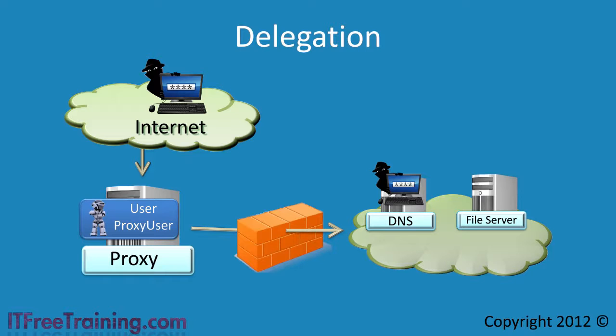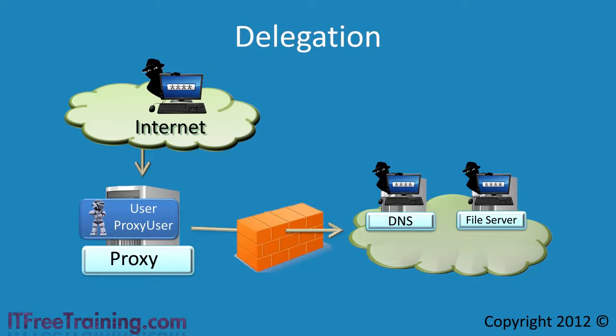This server would then pass the command on to the next server. This is what delegation is: the ability to ask one computer to ask another computer to do something using your credentials. In this case, the hacker could use an internal server to access another server that was blocked by the firewall. Kind of like leapfrogging your way through the network.